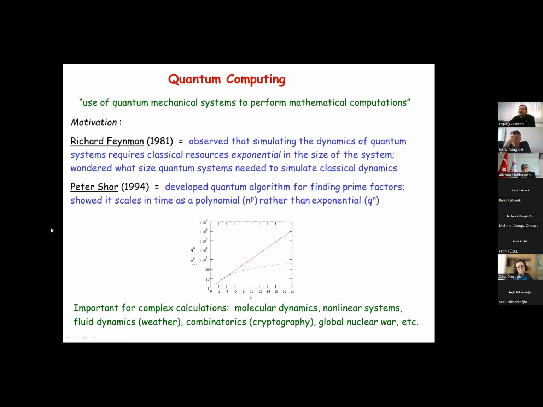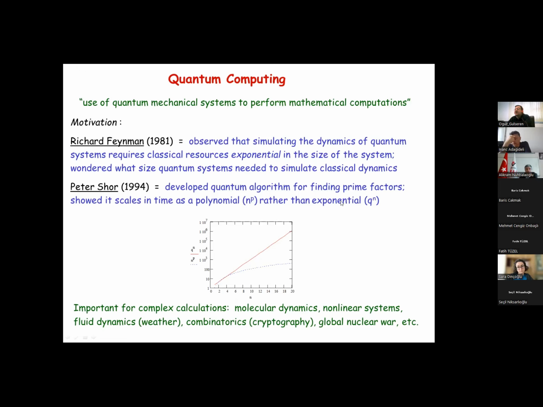So it is not a surprise. One statement from Richard Feynman, he's always visionary. In 1981, he observed that simulating the dynamics of a quantum system requires classical resources exponentially in the system size.